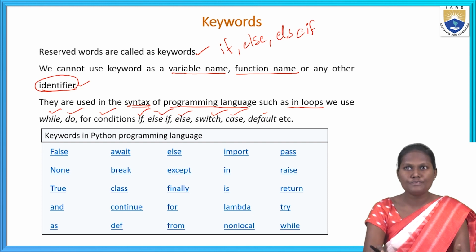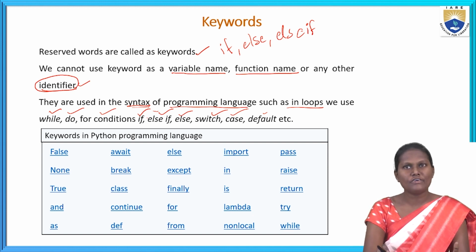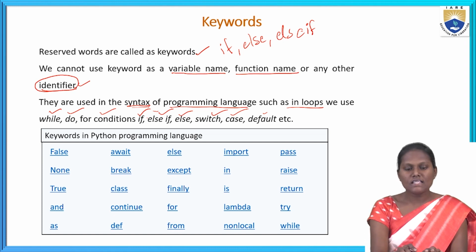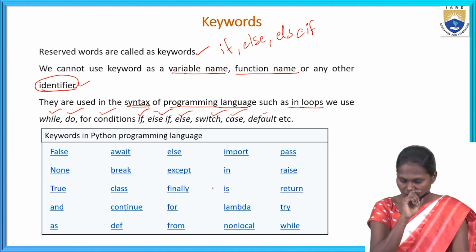Such as in loops we use while, do, for condition, if, else, switch case, default, etc. These are the main keywords in the Python programming language.